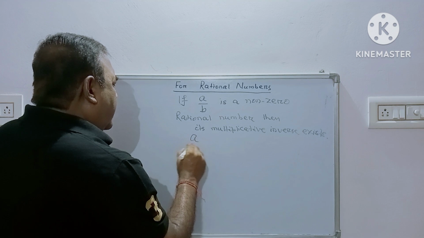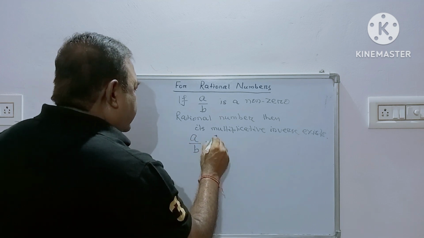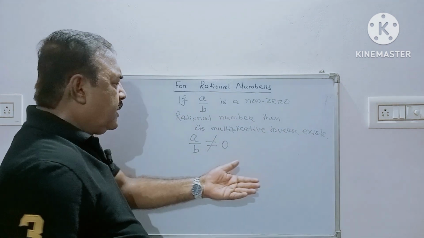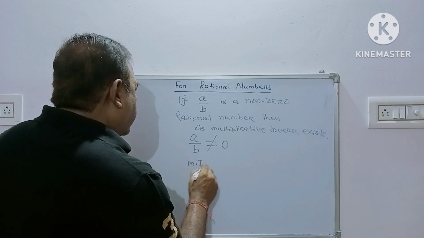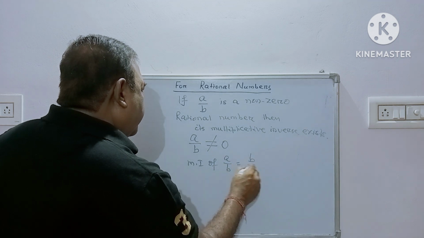So A upon B is a rational number and it is not equal to 0, then its multiplicative inverse exists. The multiplicative inverse of A upon B is equal to B upon A.